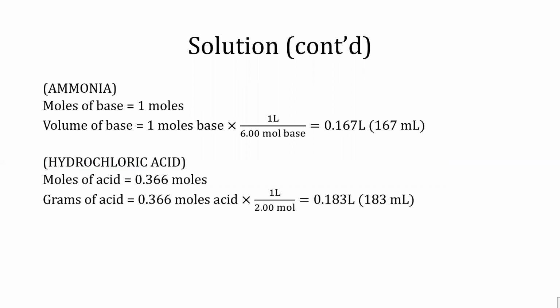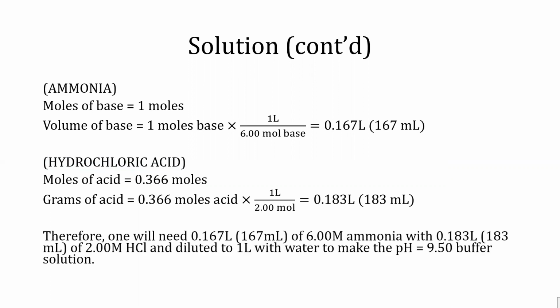Therefore, one will need 167 mL of 6.00 M ammonia with 183 mL of 2.00 M HCl and diluted to 1 L with water to make the pH equals 9.50 buffer solution.